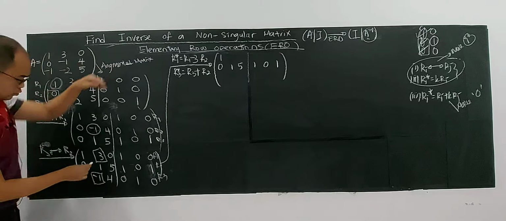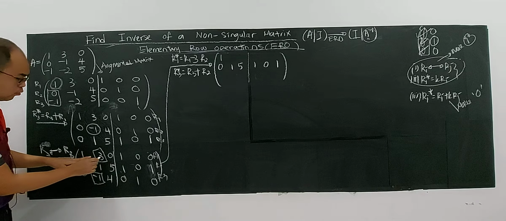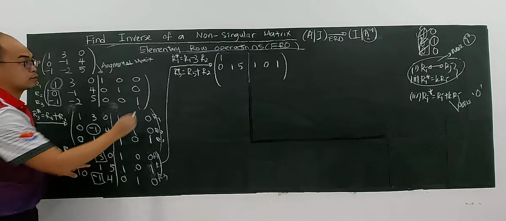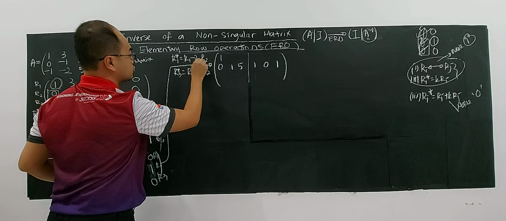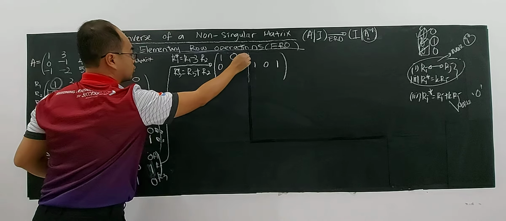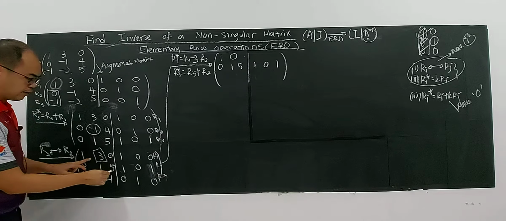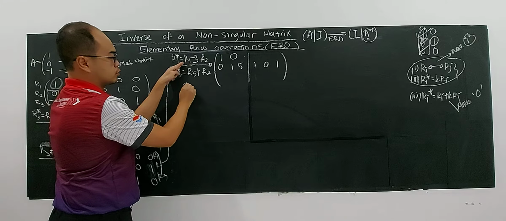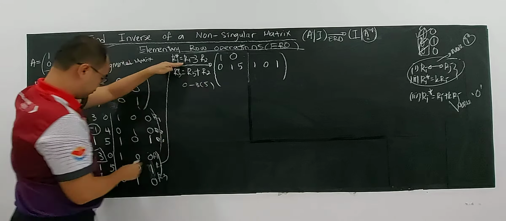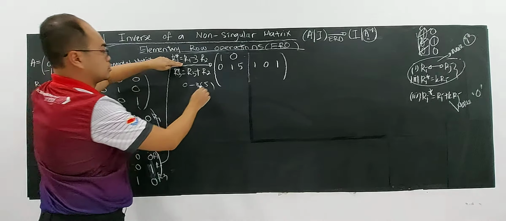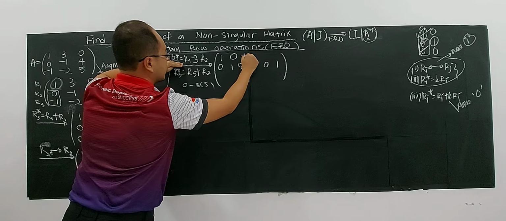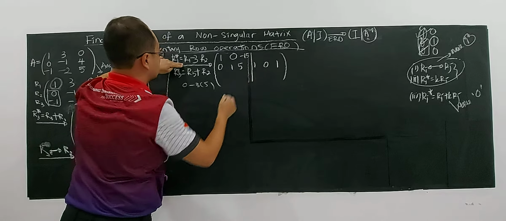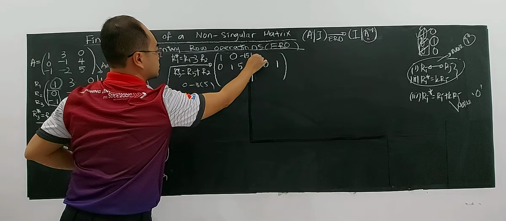So 3 and 1, row 1 and row 2, 3 minus 3 times 1, you have 0. Go for this, you have 0 and 5, right? 0 minus 3 times 5, so you have negative 15. Negative 15, be careful.